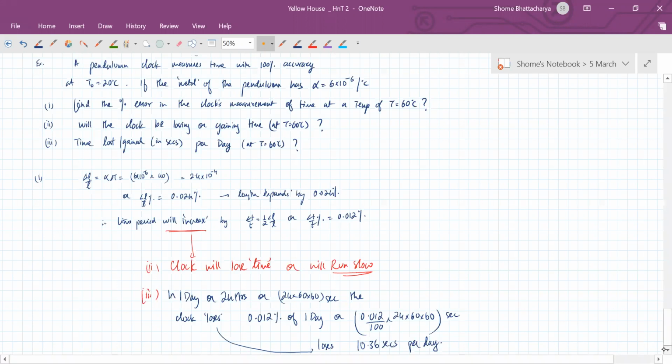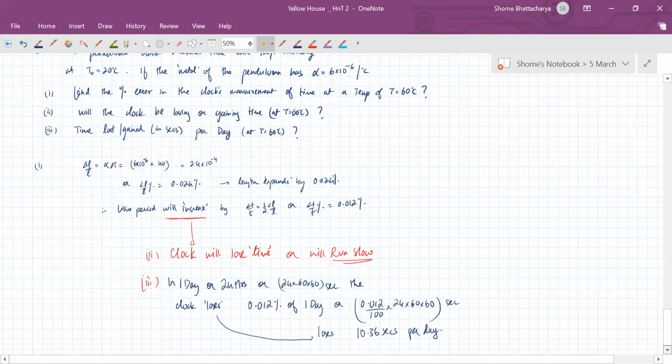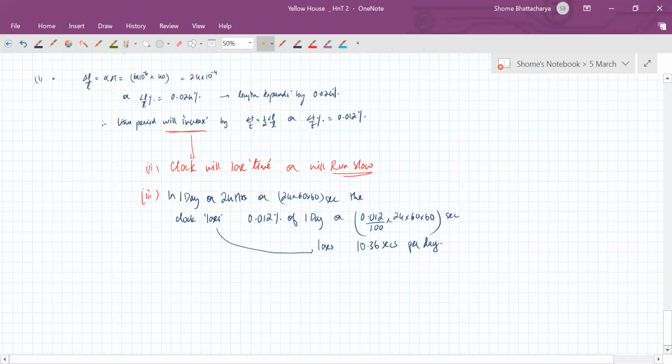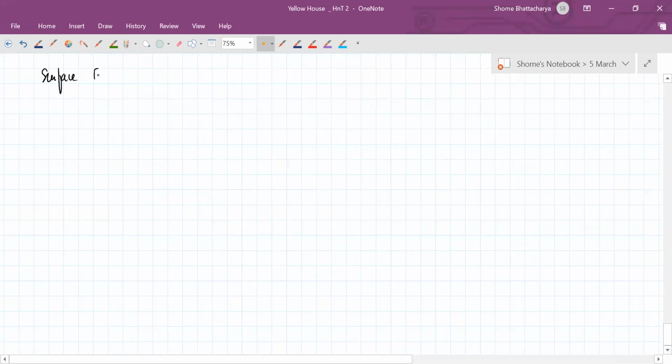Okay, next we will move on to the concept of surface and volume expansion. Okay, so we have a certain surface area.